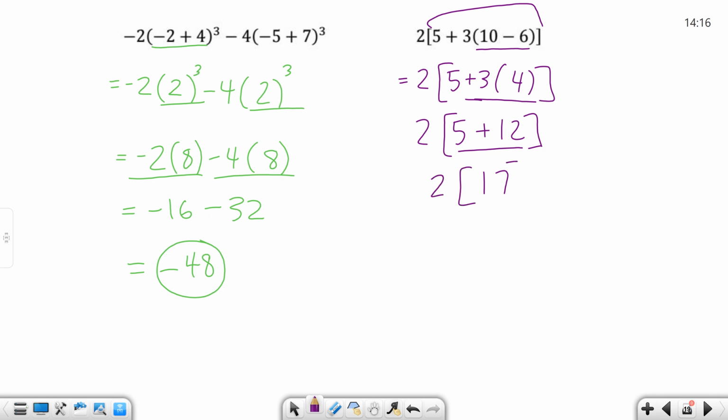That's 2 with the bracket 17, which just means multiply them. 2 times 17 is 34. So we had to go from the inside out. In the bigger bracket, we had to do 10 minus 6, which is 4. Then we had to do 3 times 4, because we don't do 5 plus 3. So 5 plus 12. Then we add that together because it's in brackets. That's 17. Then we take that 2 on the outside times that 17, and we get 34.